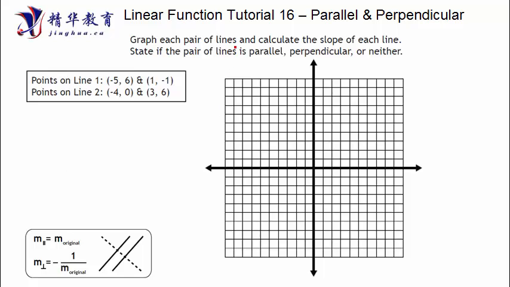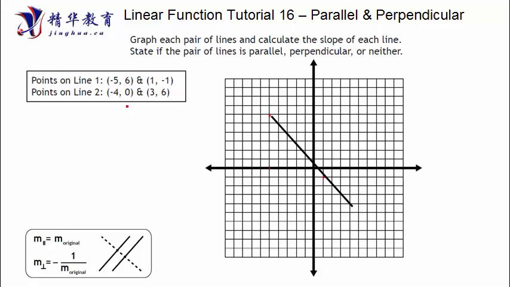Okay, let's see the next page. Now same question, let's just do it. We got a point (-5, 6), which is on 1, 2, 3, 4, 5, 6 here, this point. And then we got (1, -1), which is in here. And then we connect them, and we have a black line.